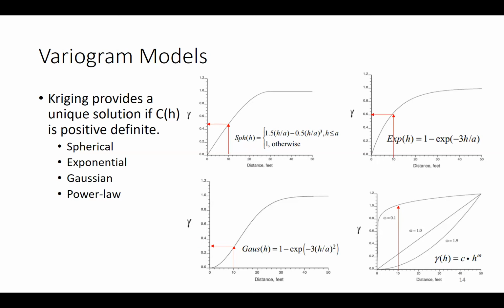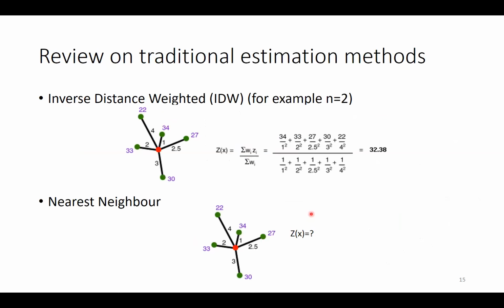Okay, let's go to estimation methods. We normally use inverse distance in many estimation methods, including geostatistical ones. For estimating the red point, we have 5 different observations at different distances.